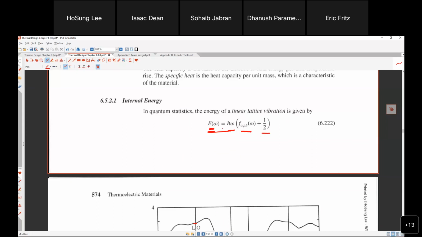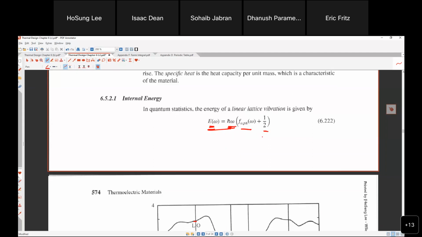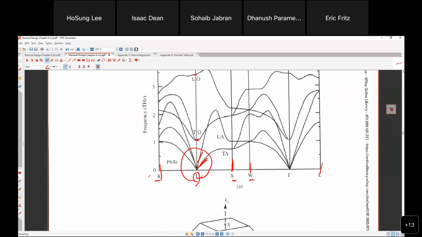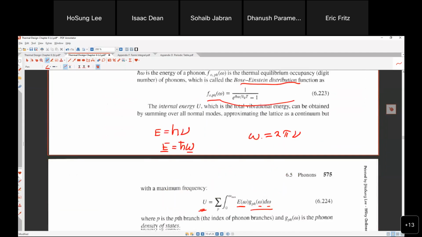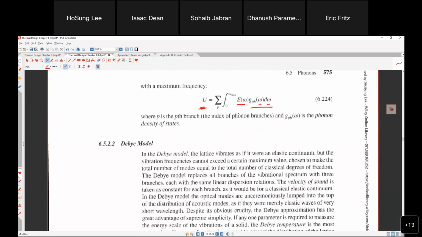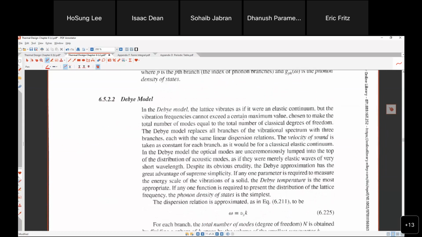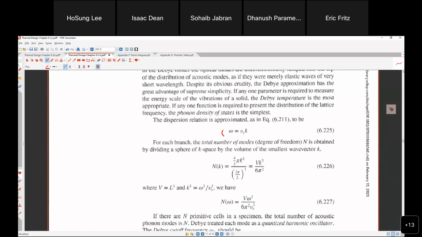This is atom, but there is some original energy here. Anyhow, that's the energy of a vibration. And so internal energy is defined. And still, this is a Debye approximation.